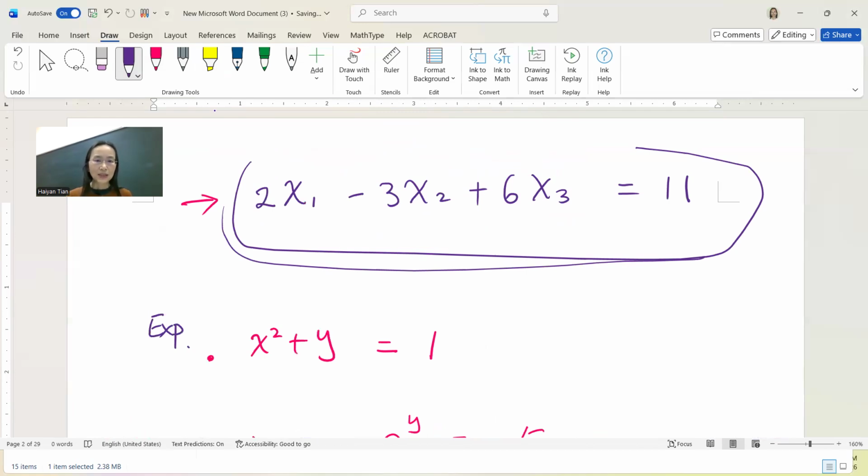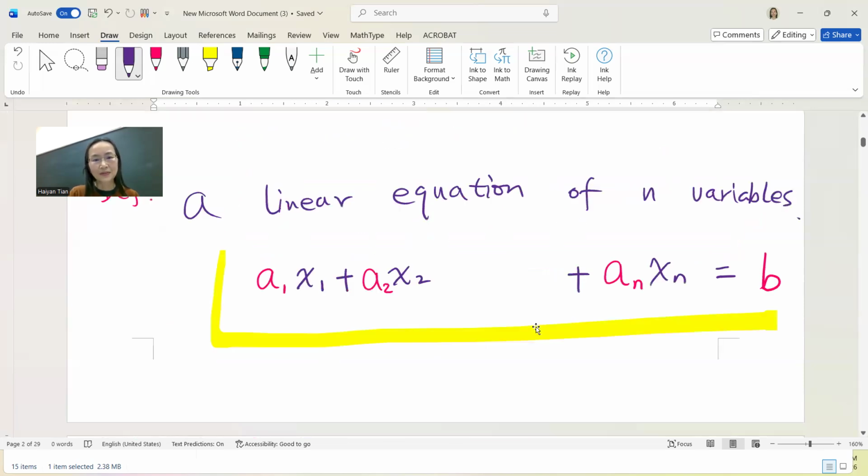So you see some examples, and now we know what is linear and what is nonlinear, because if it's not linear, it is nonlinear. That's a very easy one. So as long as you know what is linear, you know what is nonlinear.